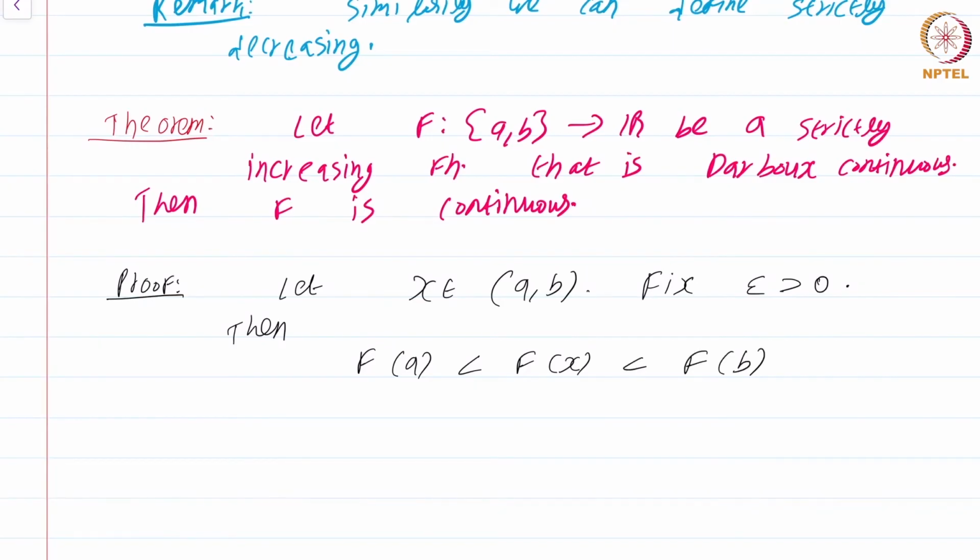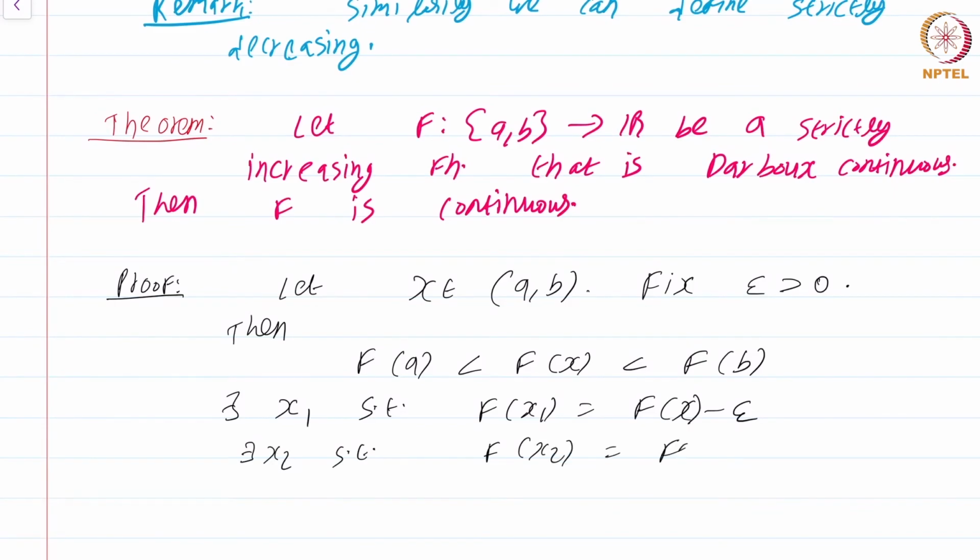Because f is Darboux continuous, there exists x1 such that f of x1 is equal to f of x minus epsilon, and there exists x2 such that f of x2 is equal to f of x plus epsilon, x1 and x2 coming from this closed interval [a, b].